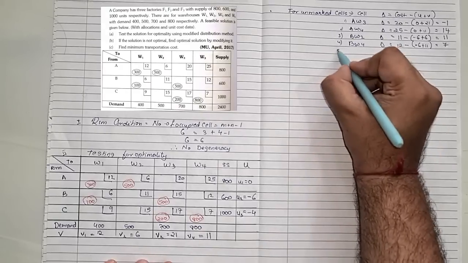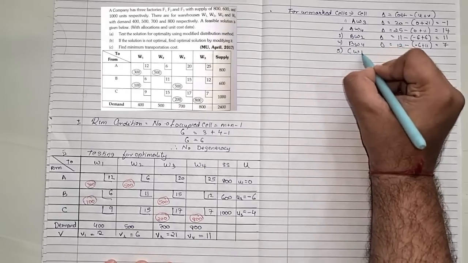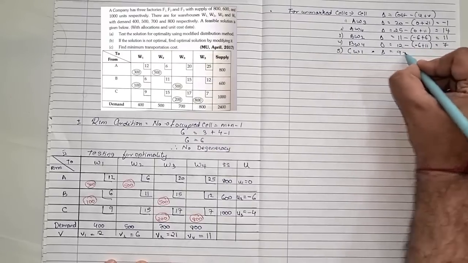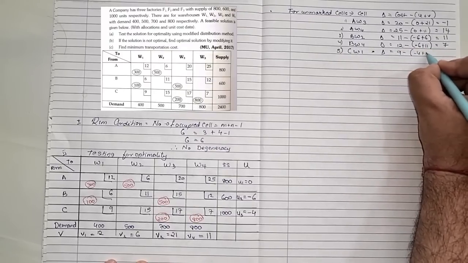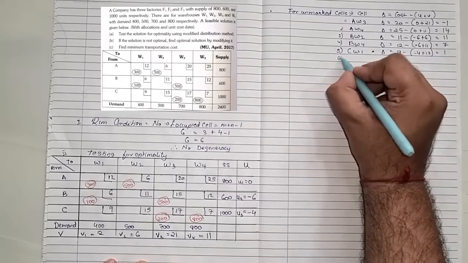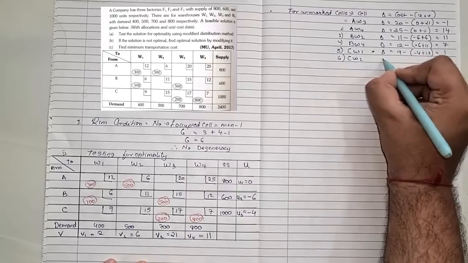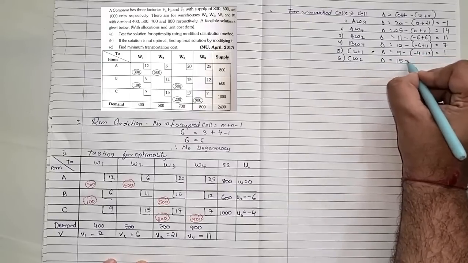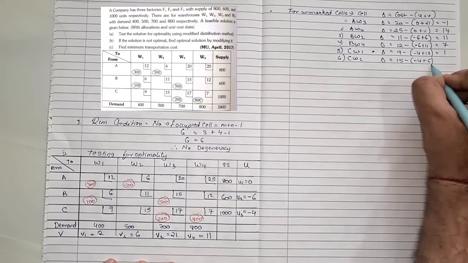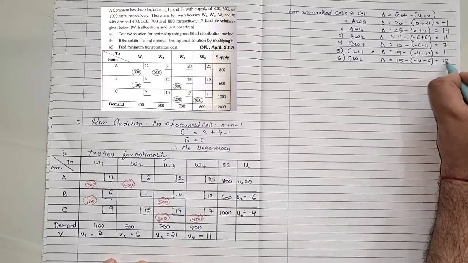The next is CW1, the change is equal to 9 minus 4 plus 12, that is 8, so that becomes 1. And the last one was CW2, where the change is equal to 15 minus 4 plus 6, so it will become 30.